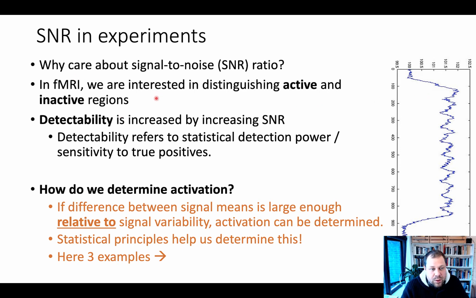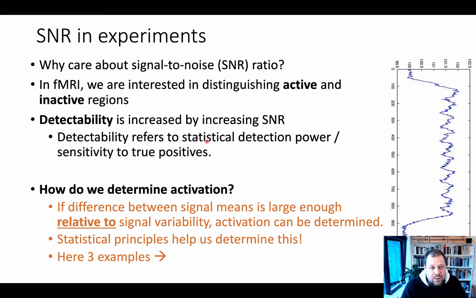So the main goal is to detect statistically if a region is active, and detectability is directly related to SNR. If we can increase the signal-to-noise ratio, we at the same time also increase detectability. In any kind of model, as you may know from your statistics or econometrics courses, if you reduce the noise, then you have a higher chance to detect true effects in the data.